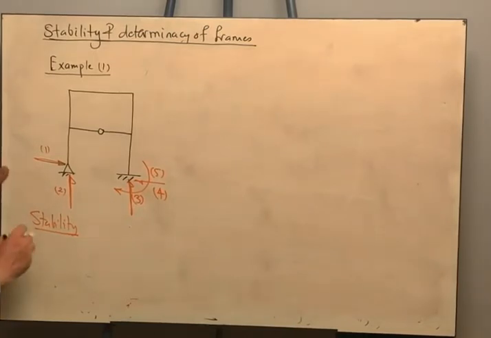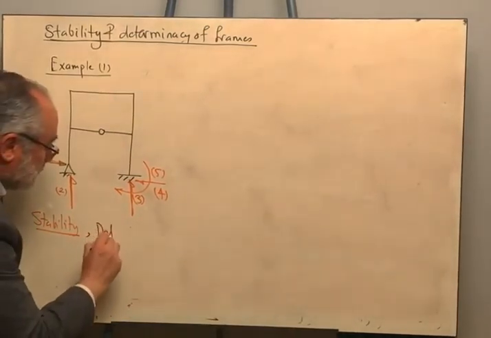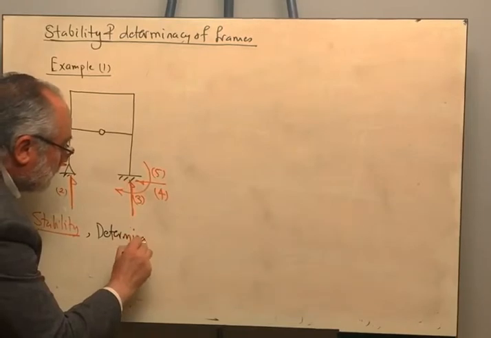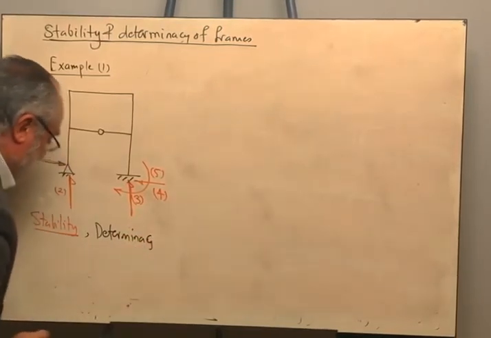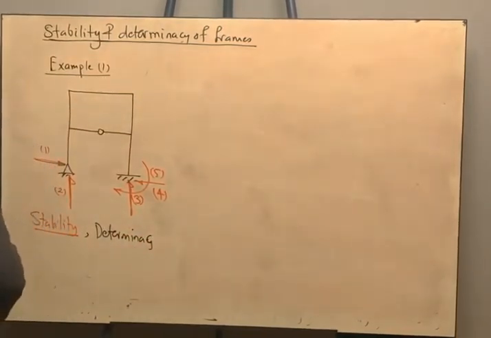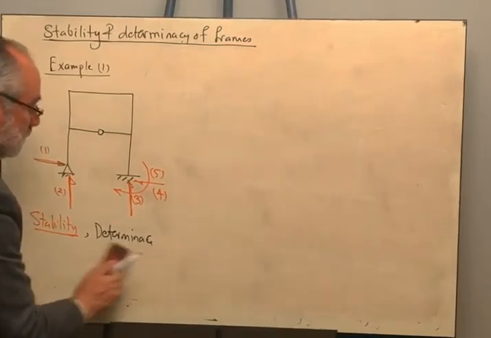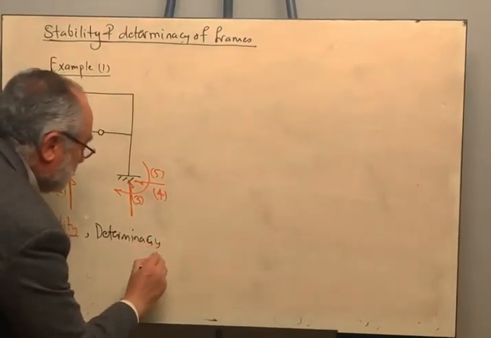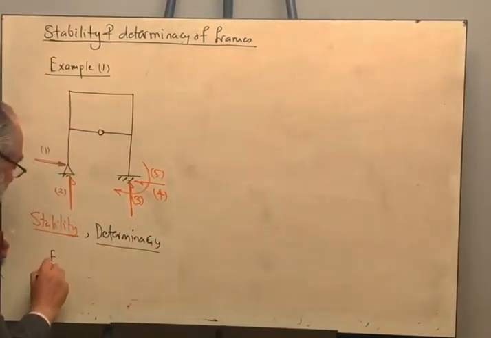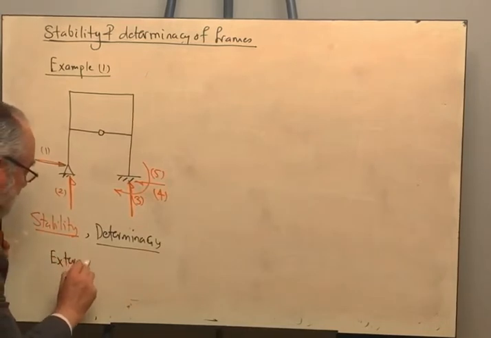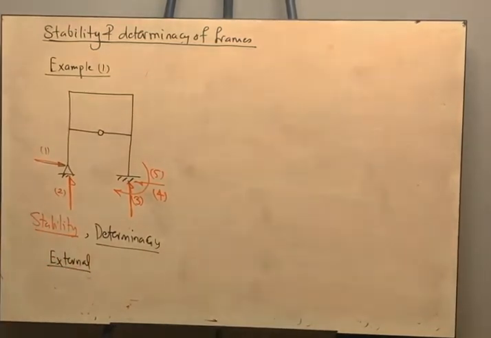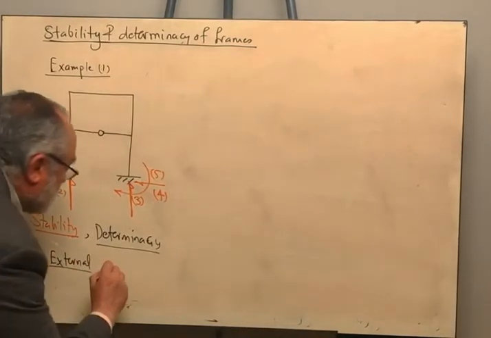Okay, for the determinacy, we learned we have to study the external determinacy first. How many reactions do I have?